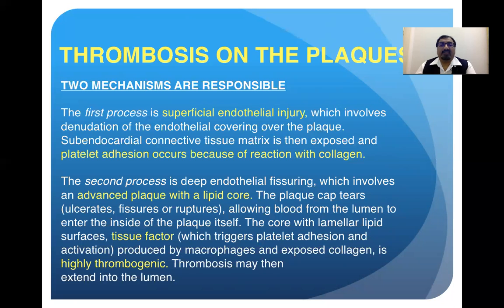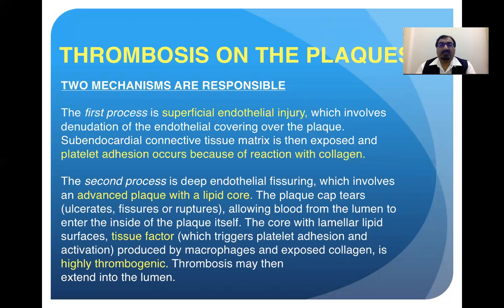This exposes the lumen to the platelets, and this is highly thrombogenic. Then on top of the collagen and the reaction to the platelets, the thrombus is formed. There is a second process which is more severe, which leads to deep endothelial fissuring and then advanced plaque with a lipid core.